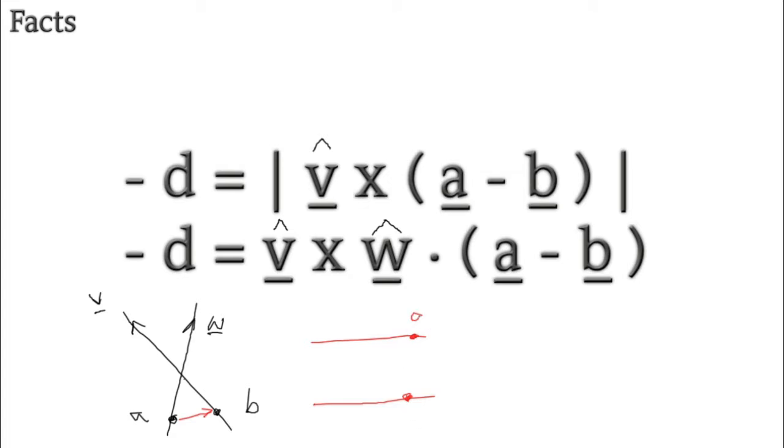Let's say a and b. Better to leave it in vector form. And since a − b is from b to a, this should be backwards. So from b to a, this is a − b as a vector, and this minimum separation is perpendicular.